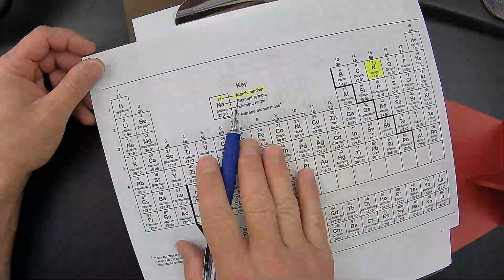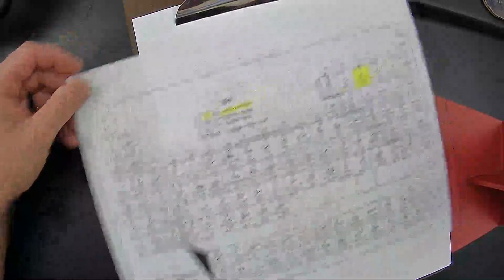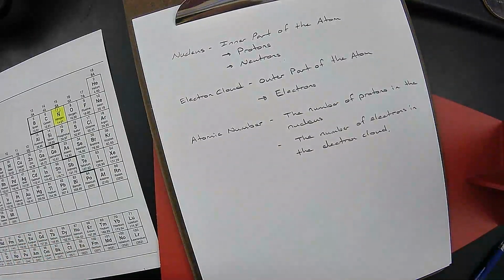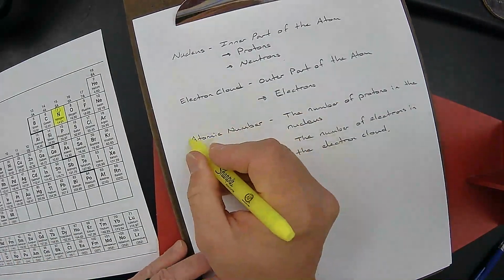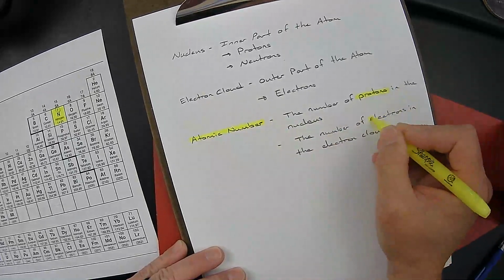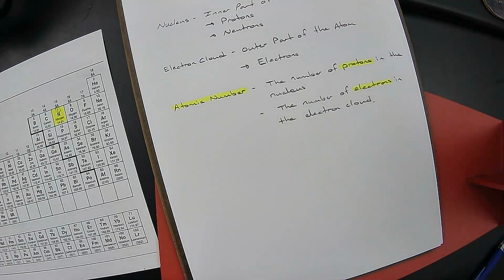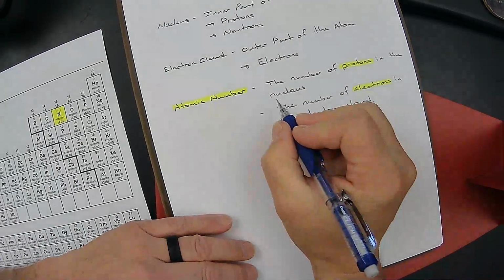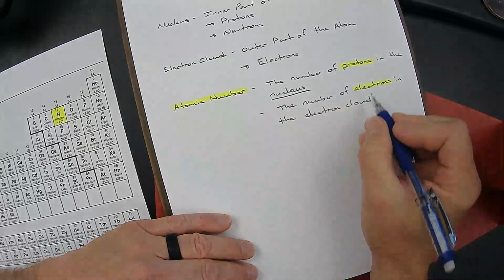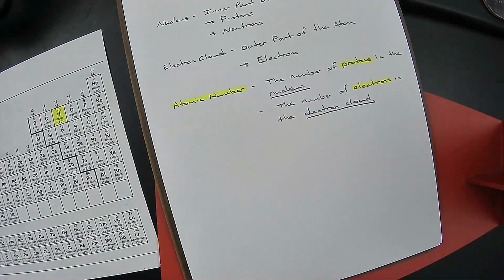So this atomic number 7 indicates two pieces of information: the protons and the electrons. The protons are on the inside of the atom in the nucleus, and the electrons are on the outside of the atom in the electron cloud.